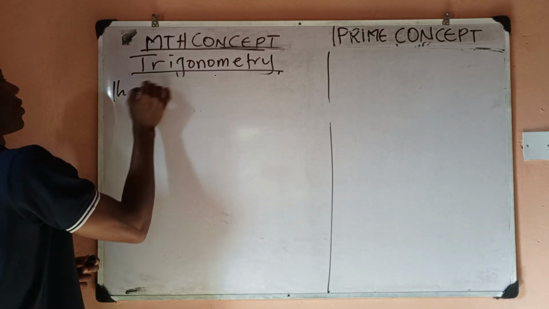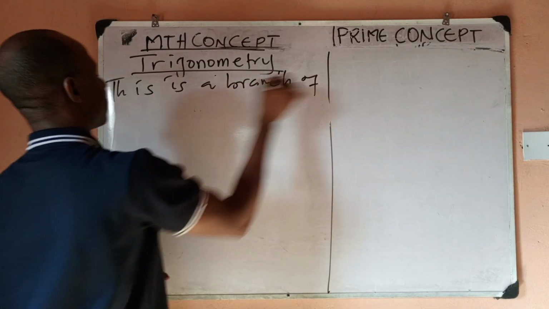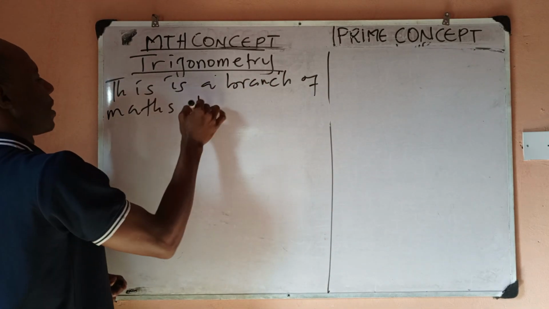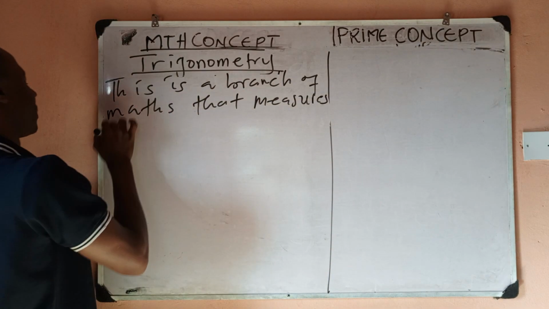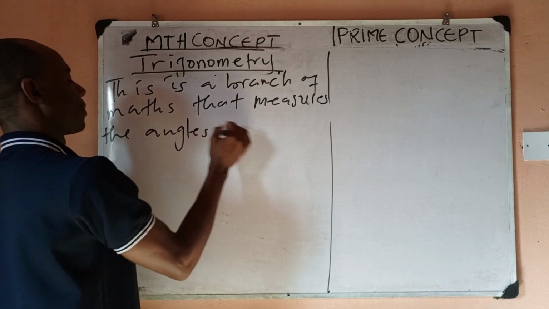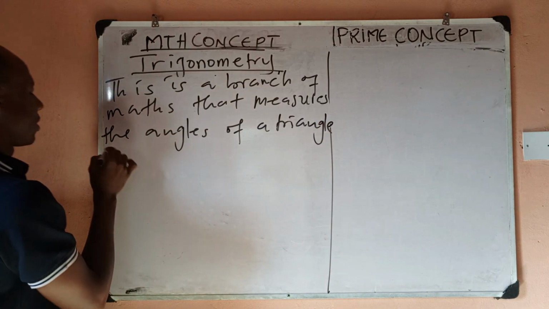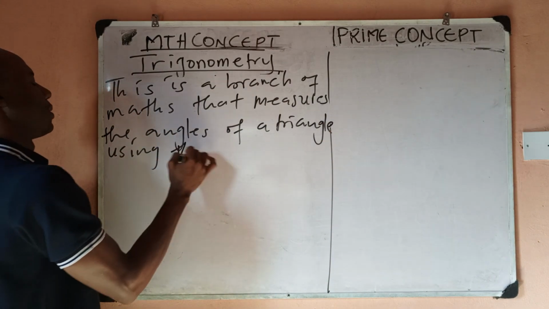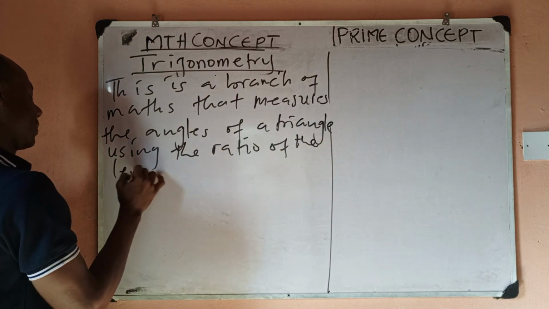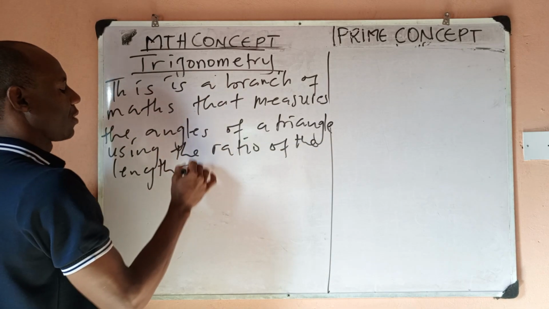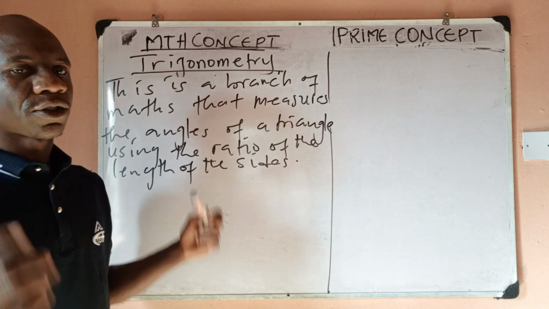So this is a branch of maths that measures the angles of a triangle using the ratio of the length of the sides of that triangle.